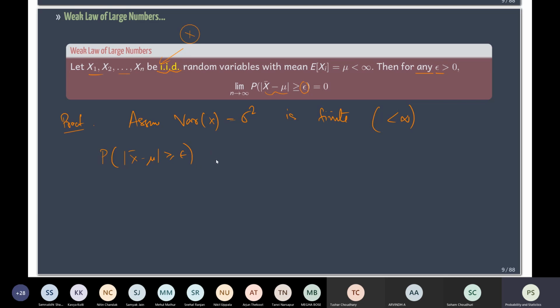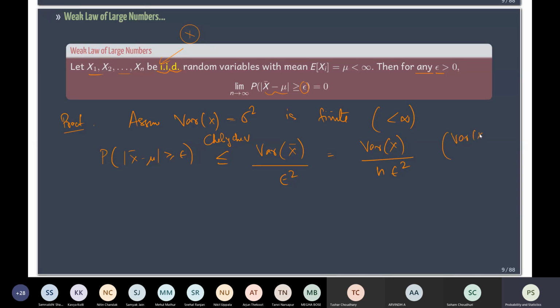Now we can apply the Chebyshev inequality, and that told us it's at most the variance of X bar divided by epsilon square. Now the variance of X bar is the variance of X by n, right? That's something we proved previously. So this is the same thing as saying variance of X by n epsilon square.